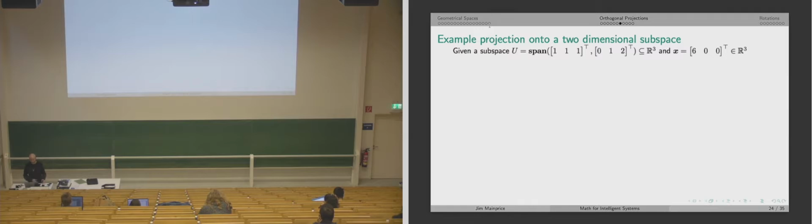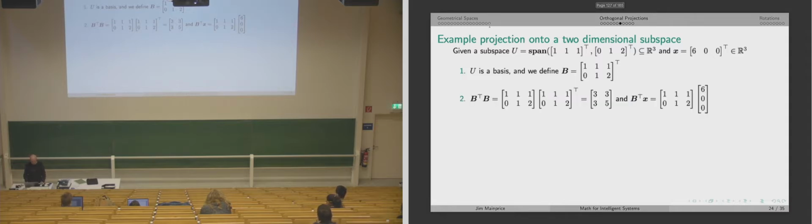So, a numerical example. Now we have two basis vectors that span U, and we have some points. All these vectors are embedded in three-dimensional space. We define the basis matrix where we stack our two basis vectors that define our subspace. We compute the product of B transpose and B, which is this small squared matrix here in the middle.